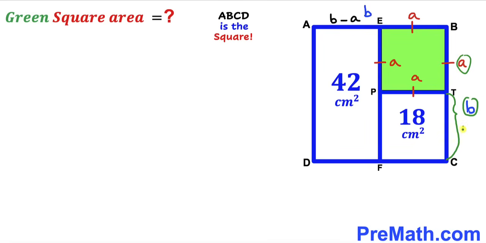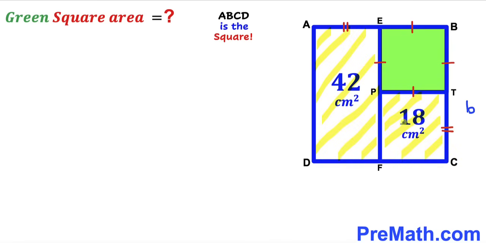So thus we could see that this AE segment is b minus a, and likewise this segment CT is b minus a as well. So therefore we conclude that this AE segment has got to be congruent to this segment CT.